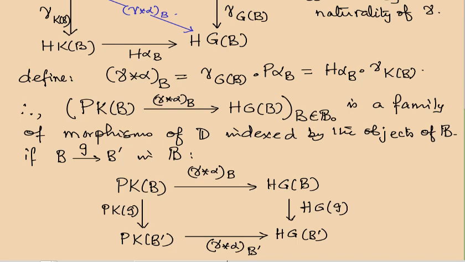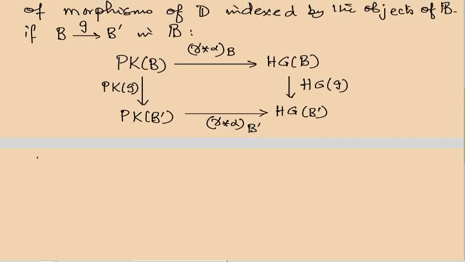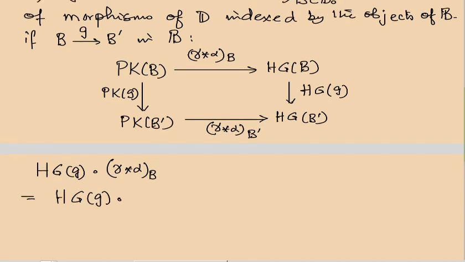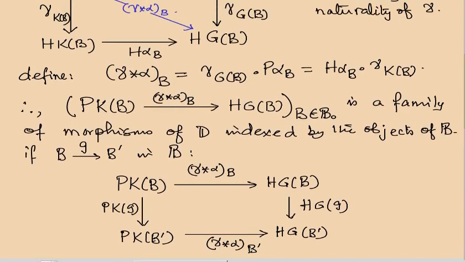Well, let's try. HG of G composed gamma star alpha of B. So this is HG of G composed gamma GB, which is H alpha B composed gamma KB.